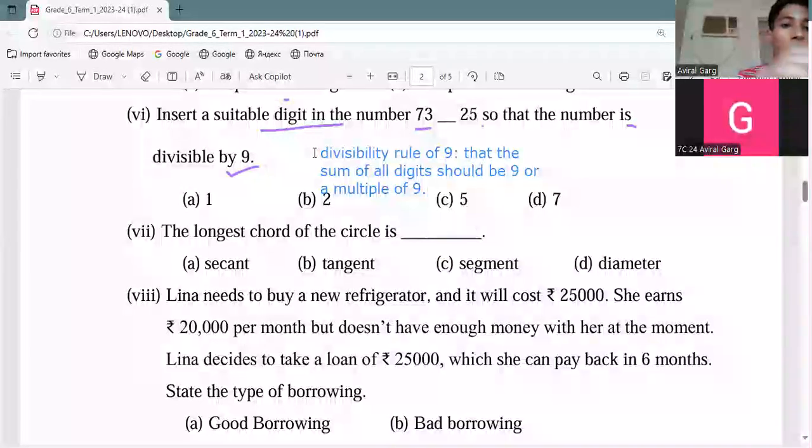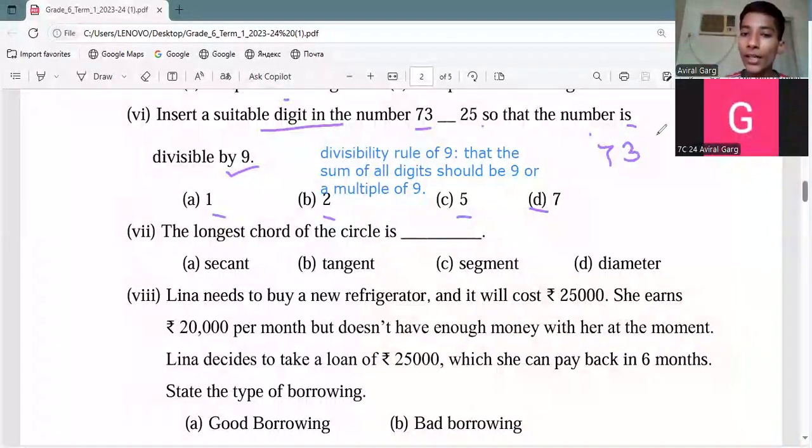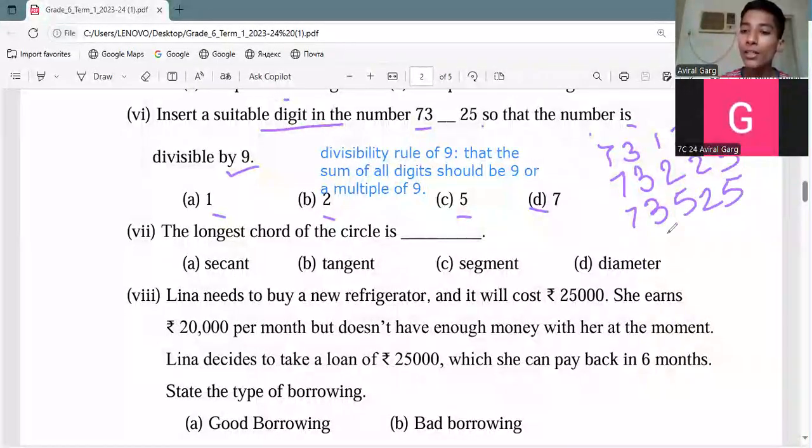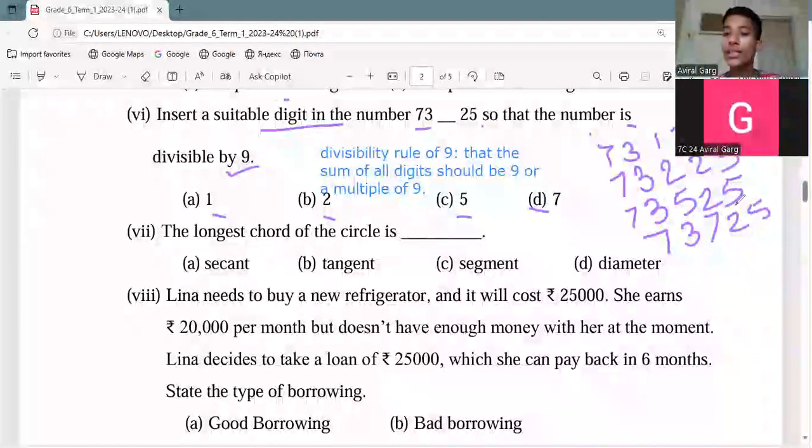We will see what numbers can be made by all 4 options. One would be 7, 3, 1, 2, 5. One would be 7, 3, 2, 2, 5. One would be 7, 3, 5, 2, 5. One would be 7, 3, 7, 2, 5. Start summing up all the digits. 7 plus 3 is 10, 11, 13, 18. This is 18.